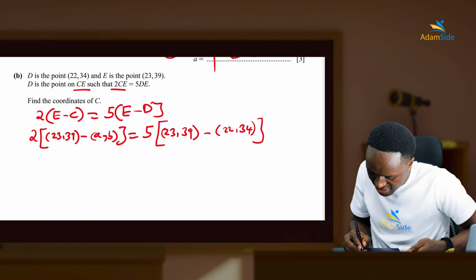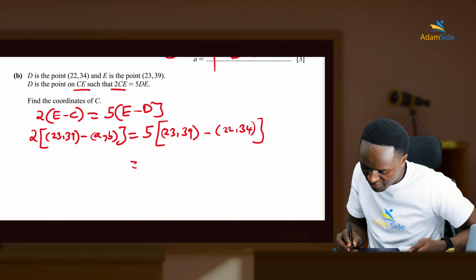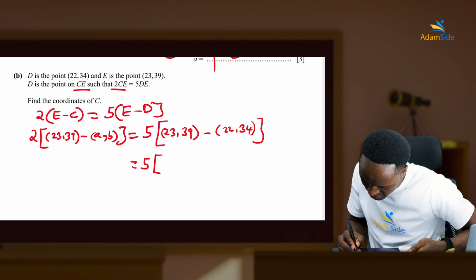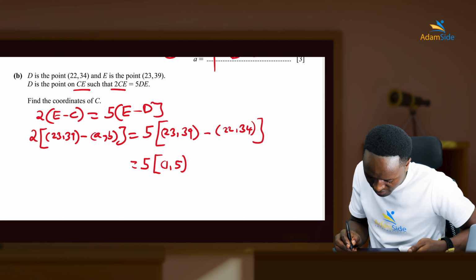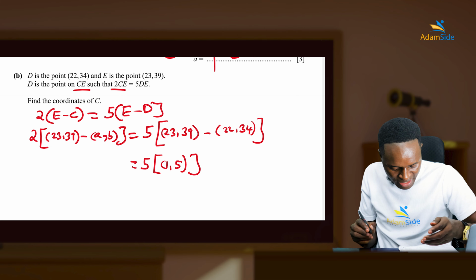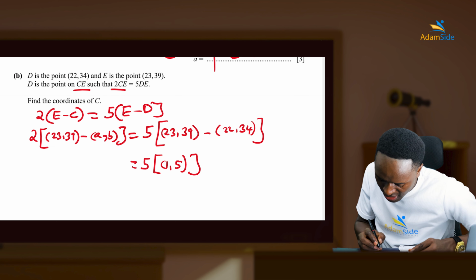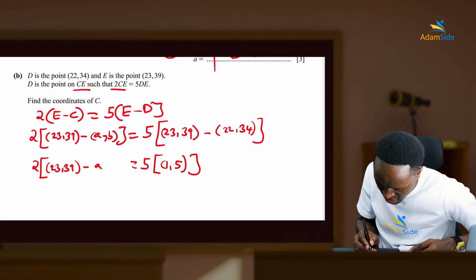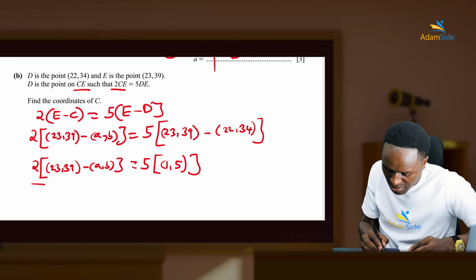Now, in that case, we can solve this question. Let's solve the other side where we have everything. So we have 23 minus 22, we get 1. And then 39 minus 34, we get 5. So we get 1, 5 on the other side. And here, we get 2 into 23, 39 minus A, B. So divide both sides by 2.